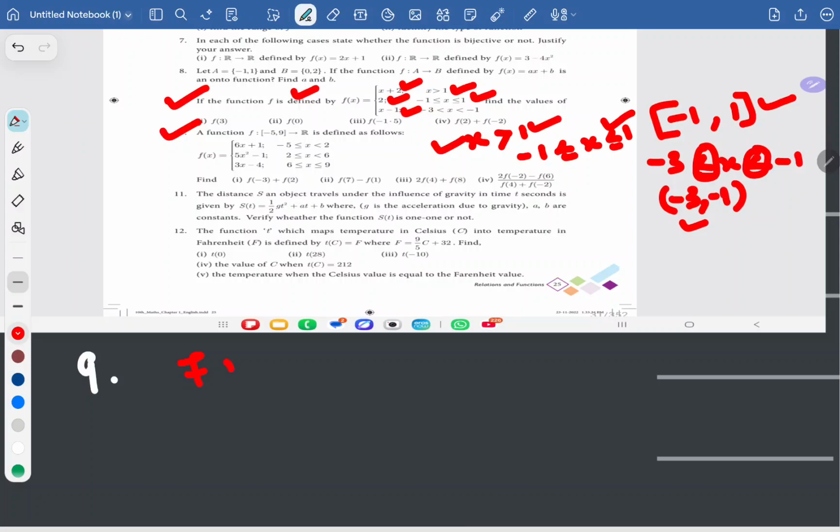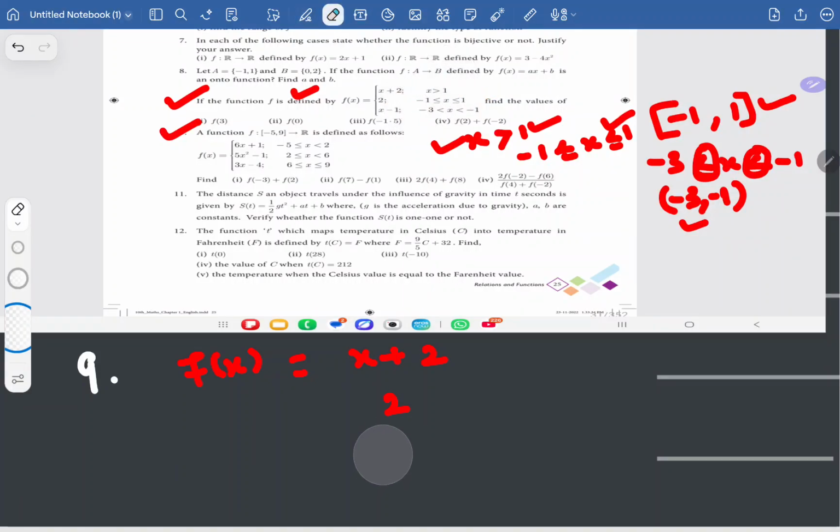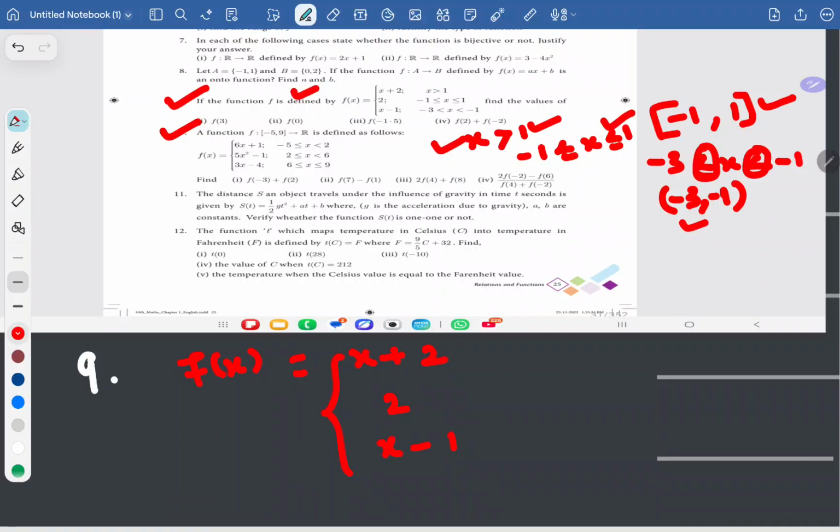What is f of x in problem 9? x plus 2 to x minus 1. For x plus 2, when x greater than 1; minus 1 less than or equal to x less than or equal to 1; minus 3 less than x less than minus 1.